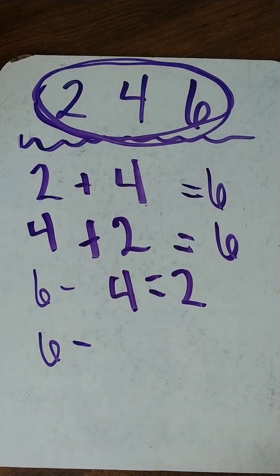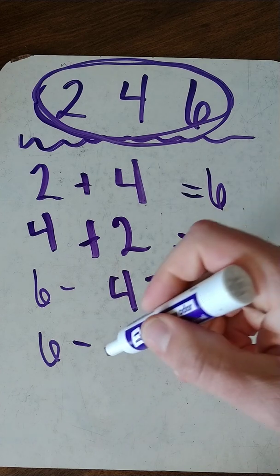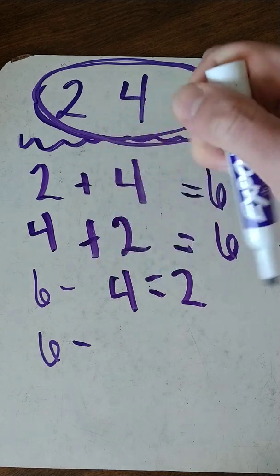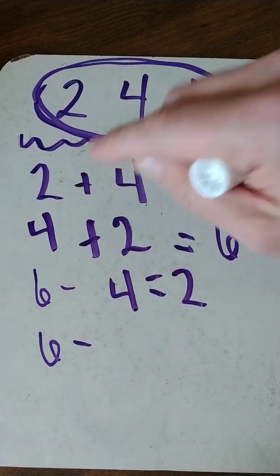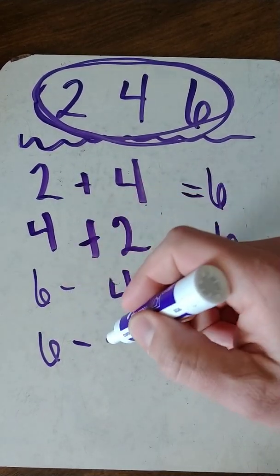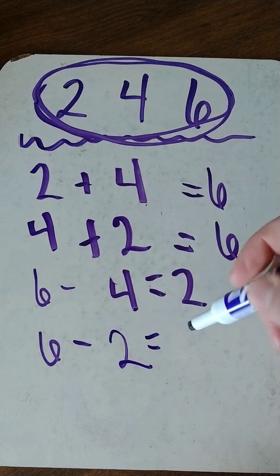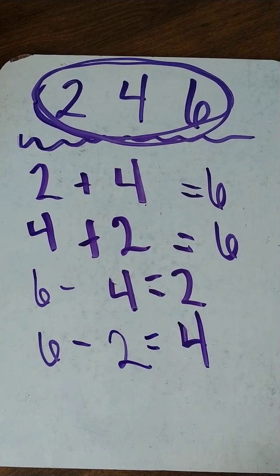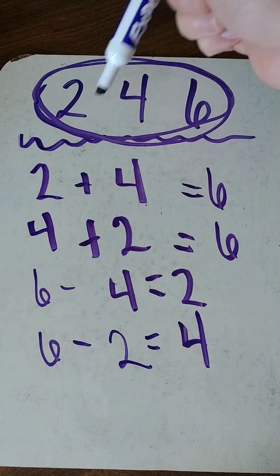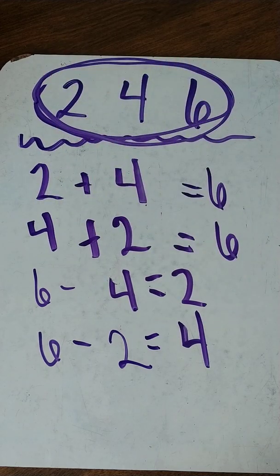We can't use any other numbers, because when we talk about fact families, these are the only numbers we use. And then let's go 6 minus 2 equals 4.